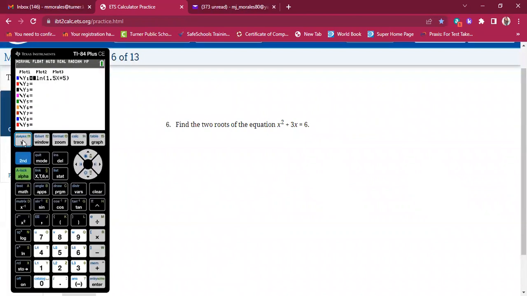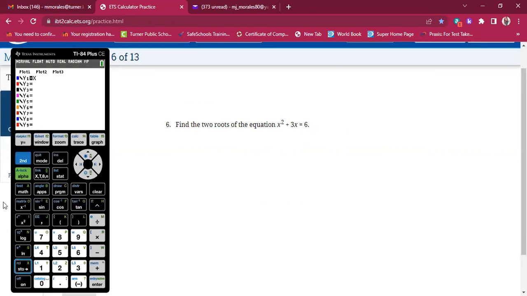So I'm going to clear it out first. I'm going to write this into our y sub 1: x squared plus 3x, and then transpose 6 to the other side, that becomes minus 6. So you have to press x squared. The x is right here, it's green, so press alpha, then x.